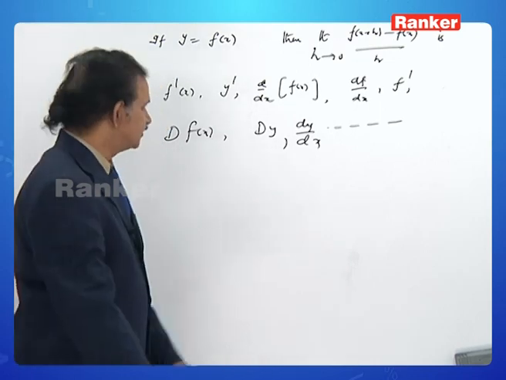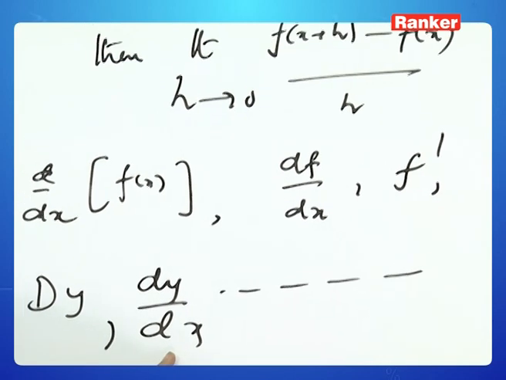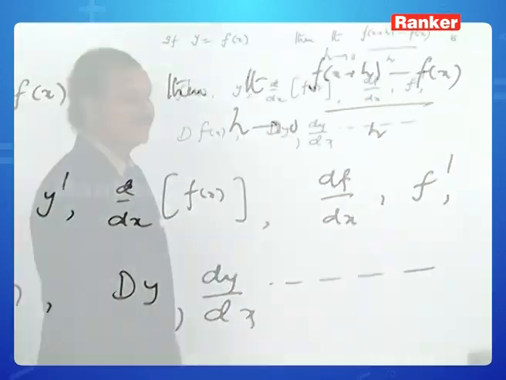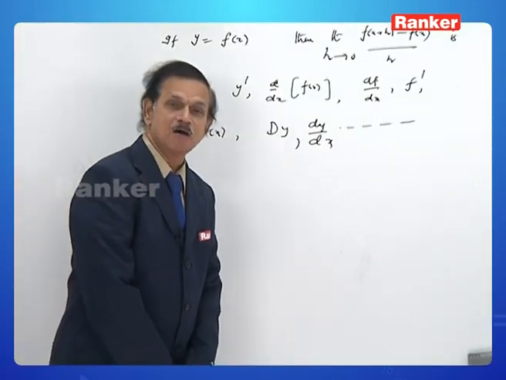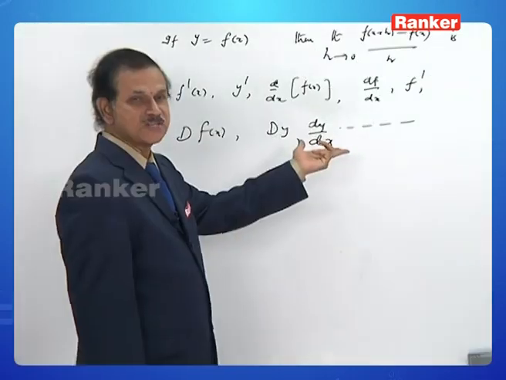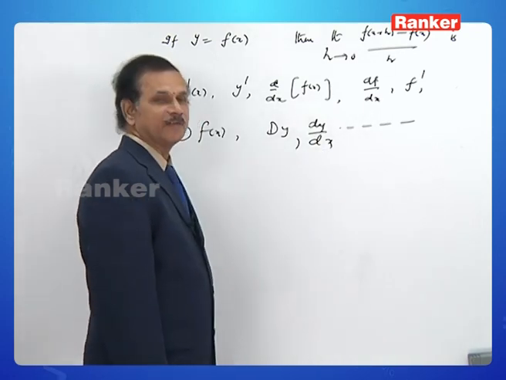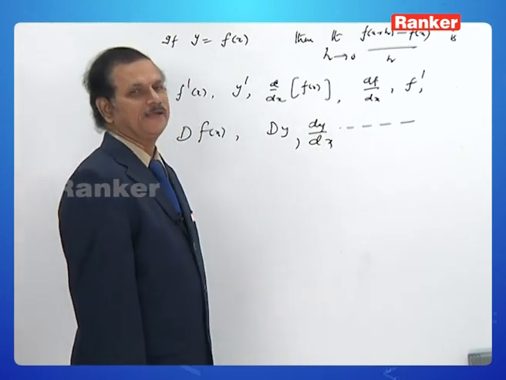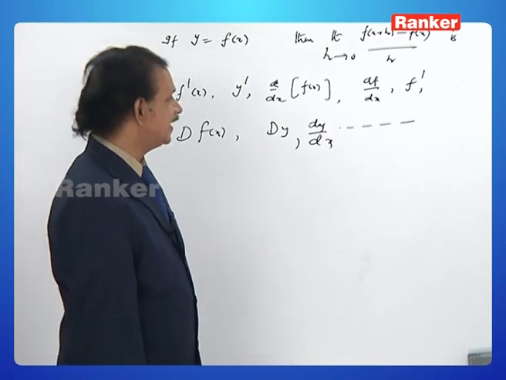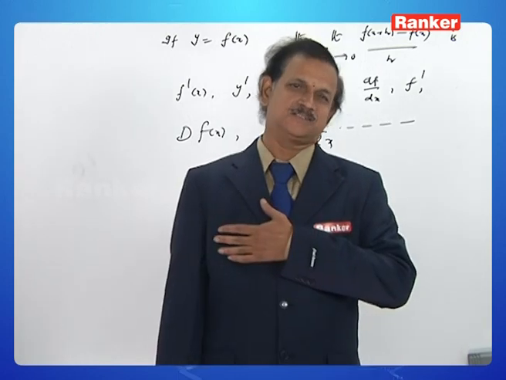Out of all these, this is very frequently used. What do you mean by dy by dx? d by dx of y. This entire d by dx of is a unit, a function: the derivative of y with respect to the variable x. That is, we are going to learn the change in f of x corresponding to the change in x.